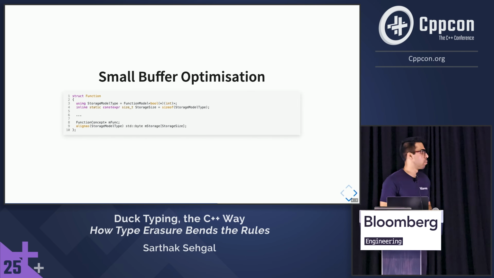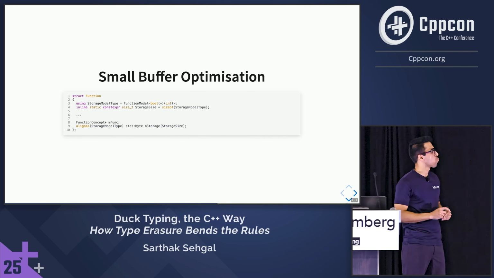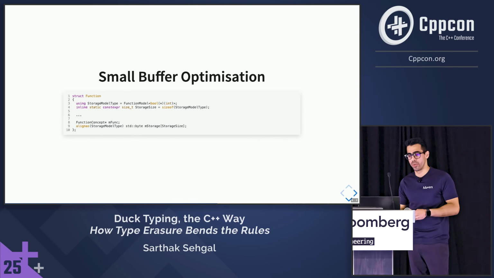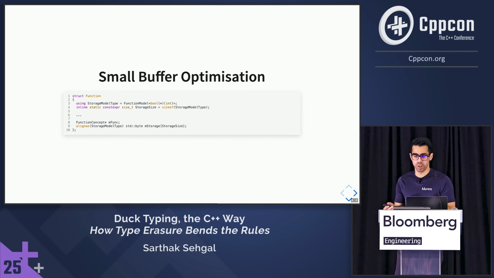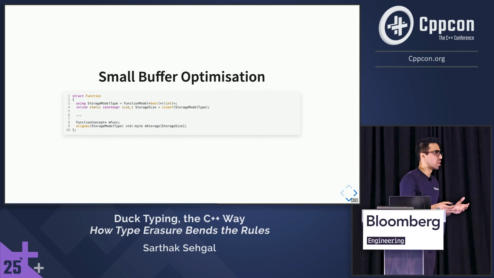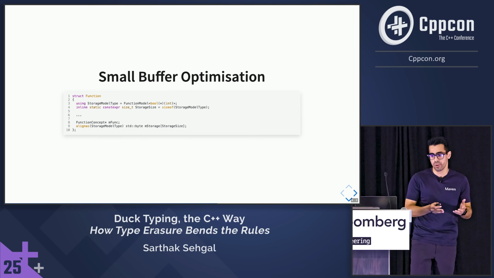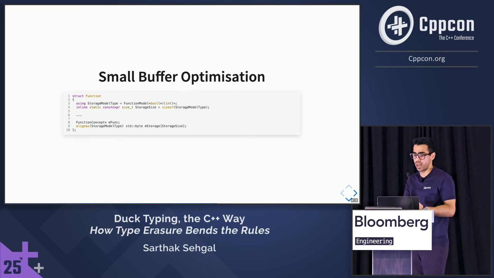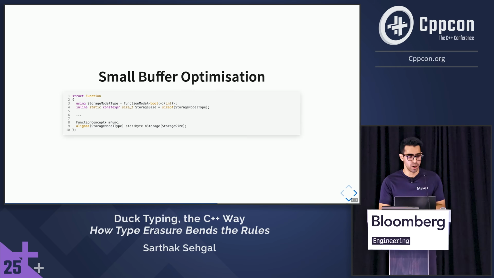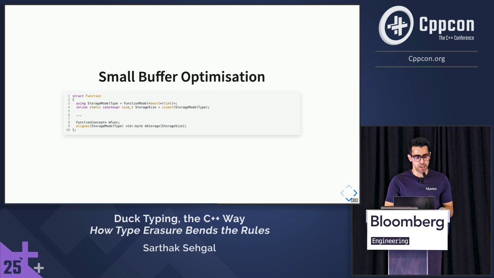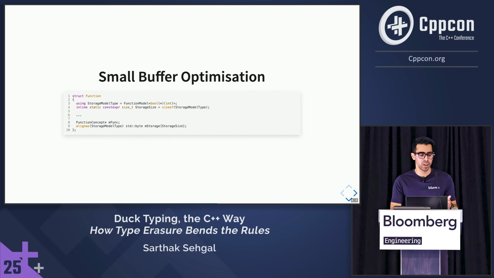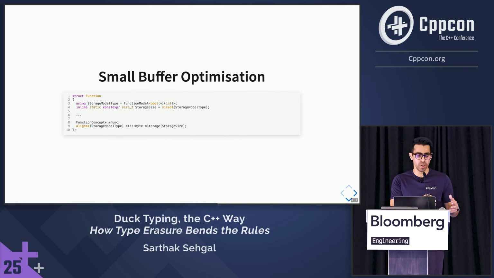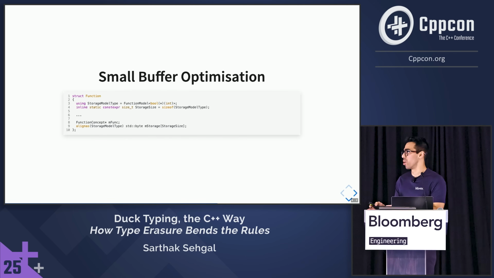So let's start off with small buffer optimization. This is a pretty standard technique where you have stack allocated memory up to a certain size. If the size of the function is within a certain threshold, for example, in this case, I have the storage model type, which is a function model with a specific signature. I've just chosen this signature randomly, but the idea is that the threshold size up to which I store this function inside the pre-allocated stack buffer is going to be the size of the storage model type.